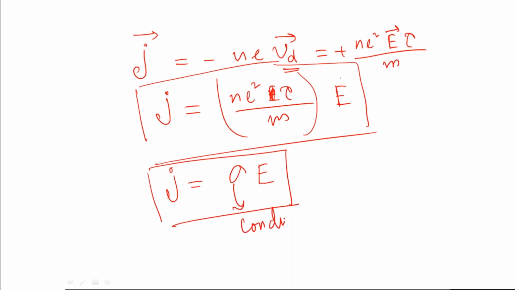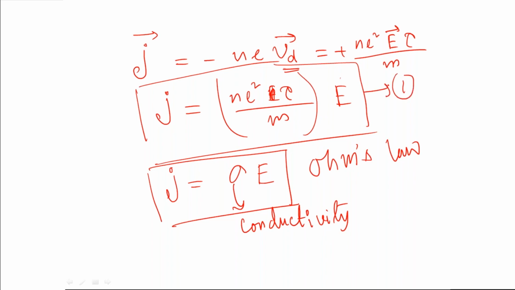This was Ohm's law. If we compare these two equations, suppose this is equation one and this is equation two, what is the value of sigma? Sigma, or conductivity, is given by n e square tau by m. So this is the expression for conductivity.